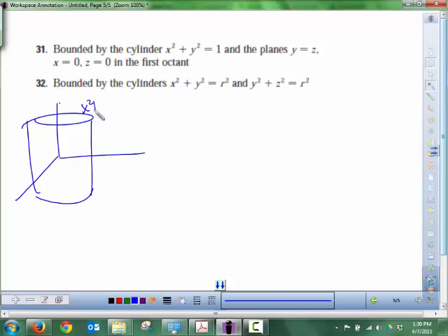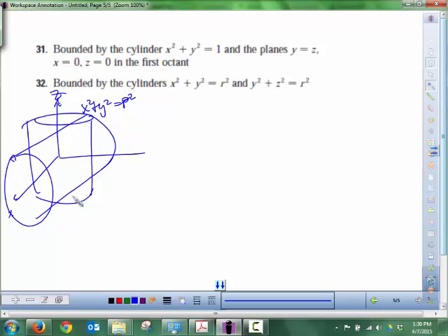We have x squared plus y squared equals r squared as the first cylinder going along the z-axis. And then here we have y squared and z squared, so probably going along the x-axis, a cylinder that's going to be intersecting like that.